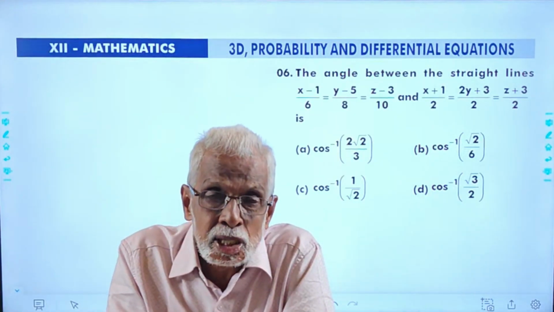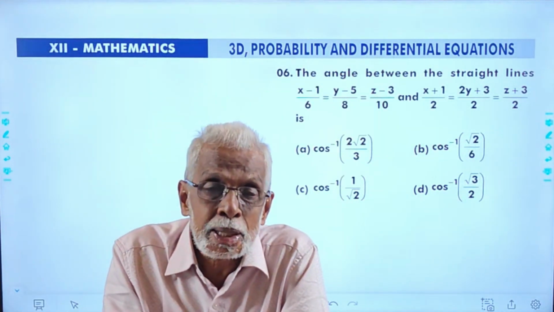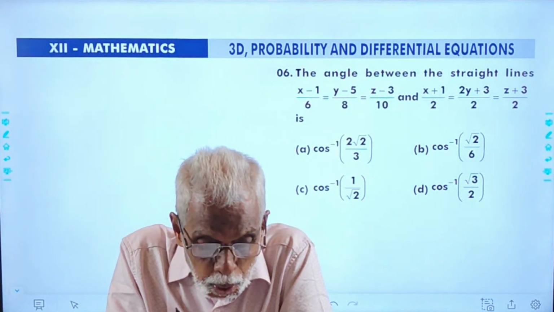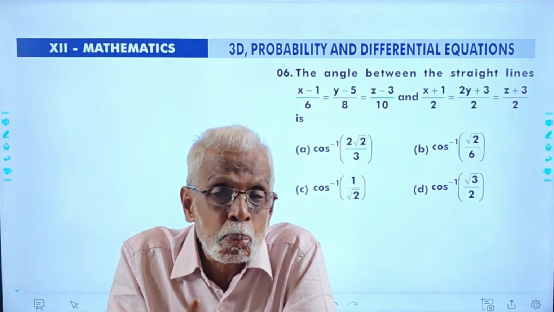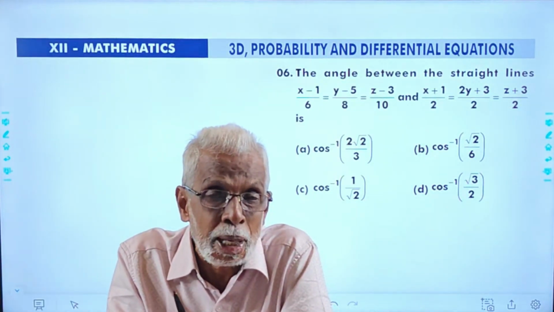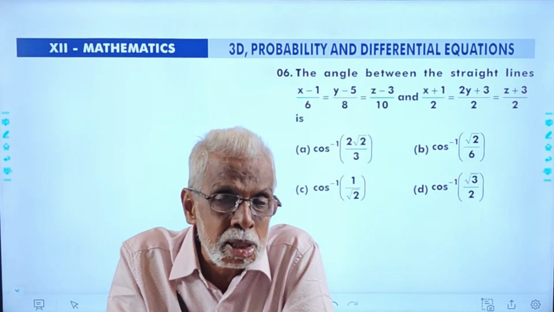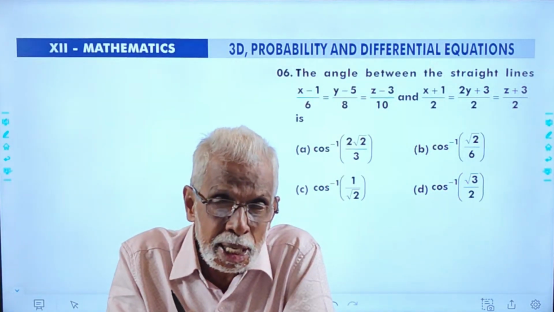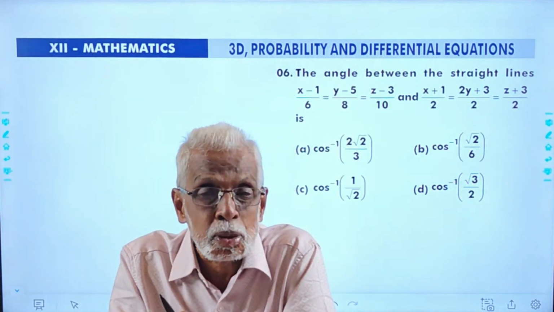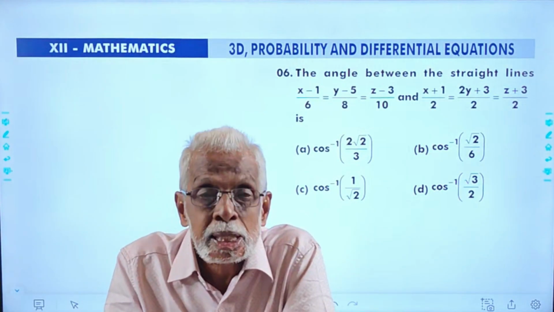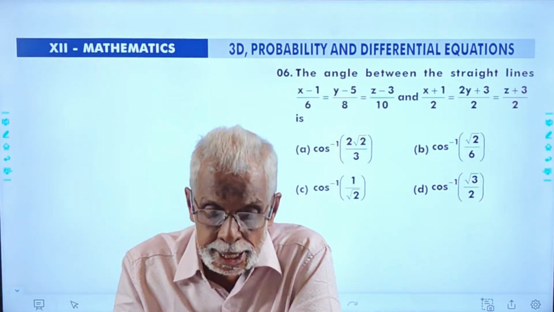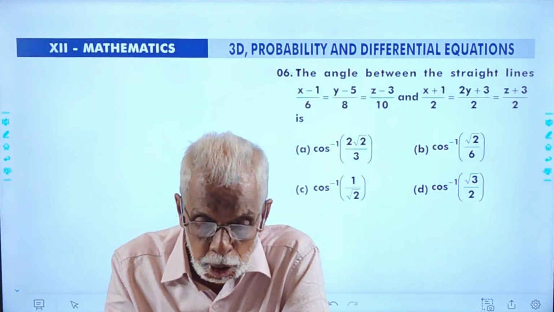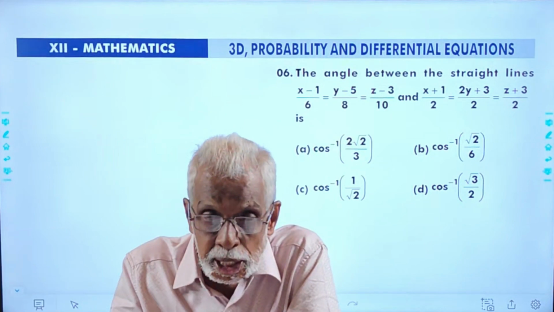If the direction ratios are given and the angle between the lines is theta, then cos theta is equal to (a1a2 plus b1b2 plus c1c2) by root of (a1 square plus b1 square plus c1 square) into root of (a2 square plus b2 square plus c2 square). Here a1 is equal to 6, b1 is equal to 8, c1 is equal to 10, a2 is equal to 2, b2 is equal to 2, c2 is equal to 2.